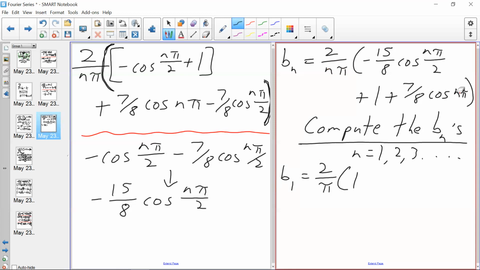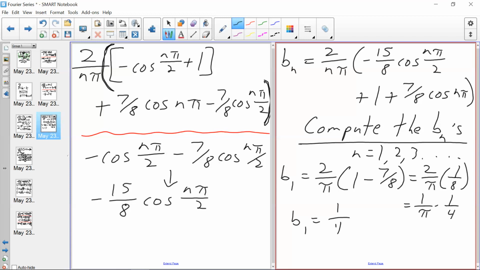So basically cosine of pi is -1, so then it's going to be -7/8. And if we carry that out, it'll be 2 over pi times 1/8, and that becomes 1 over pi times 1/4, painstakingly factoring everything out. And so basically b sub 1 is 1 over 4 pi.